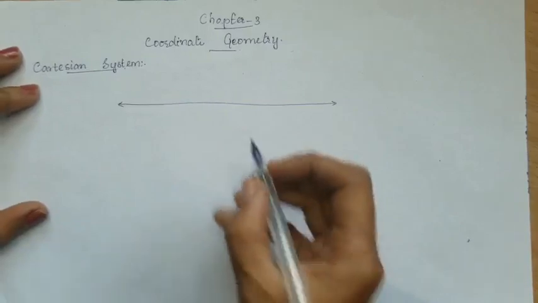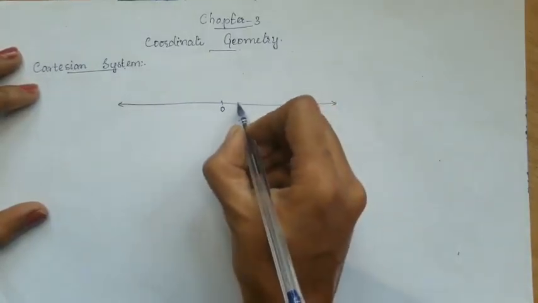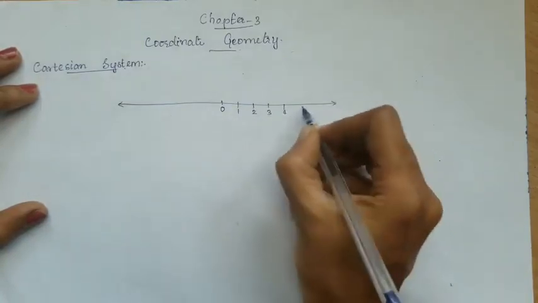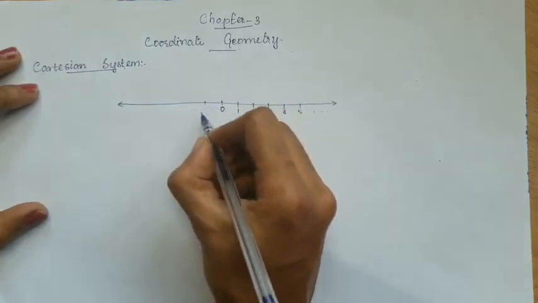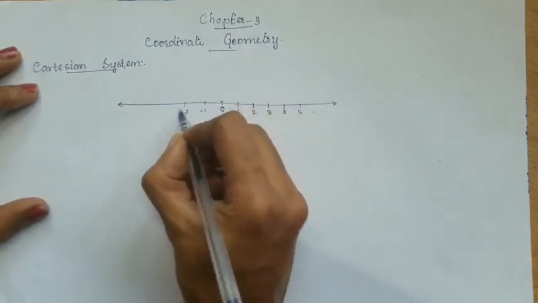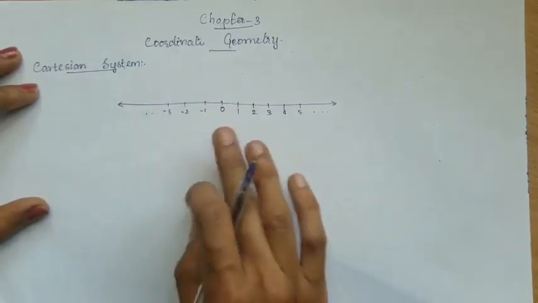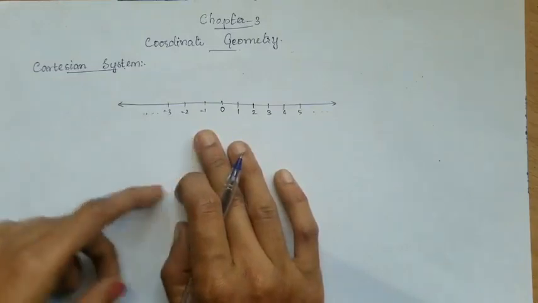In a number line, 0 is located in the middle. The right side we have positive numbers, etc. Likewise, in the left side we have negative numbers, -1, -2, -3, etc. Every number is at equal distances, equal units.